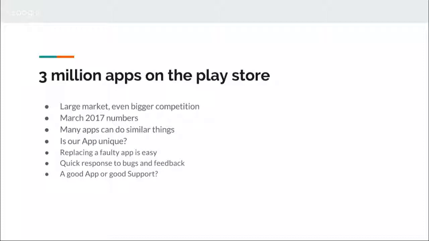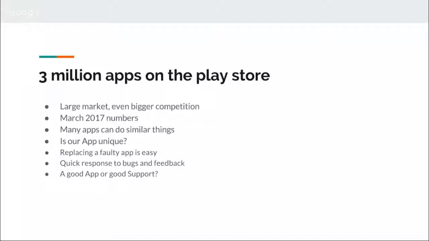That's why we have to be quick and we have to keep all the bugs reported, the crashes. They are very important because if we can solve them, maybe the users will see value in our product. So what's the better thing? A good application or a good support? There is really no right answer.